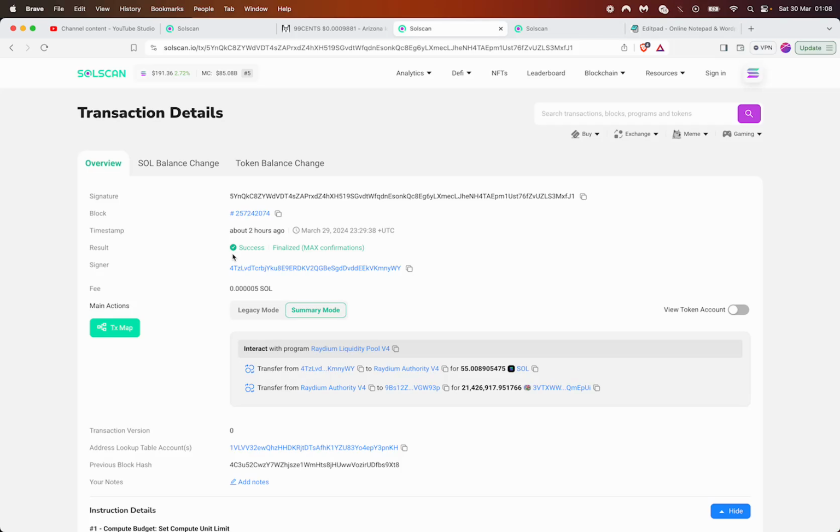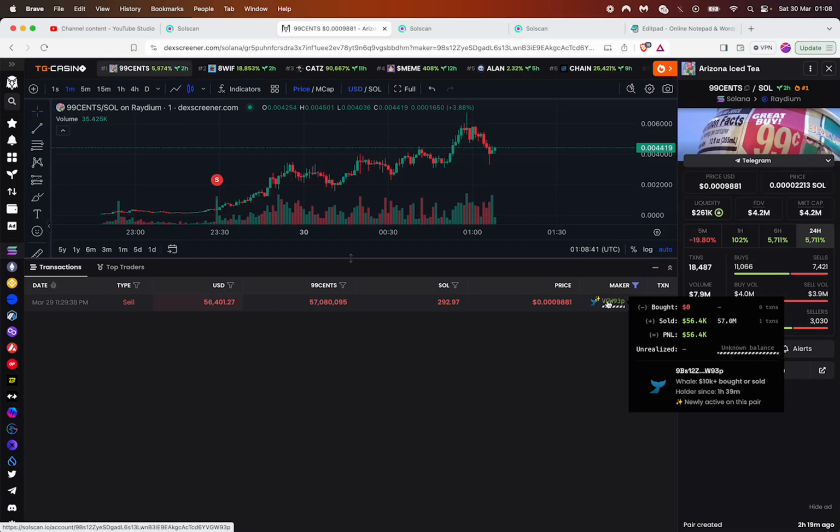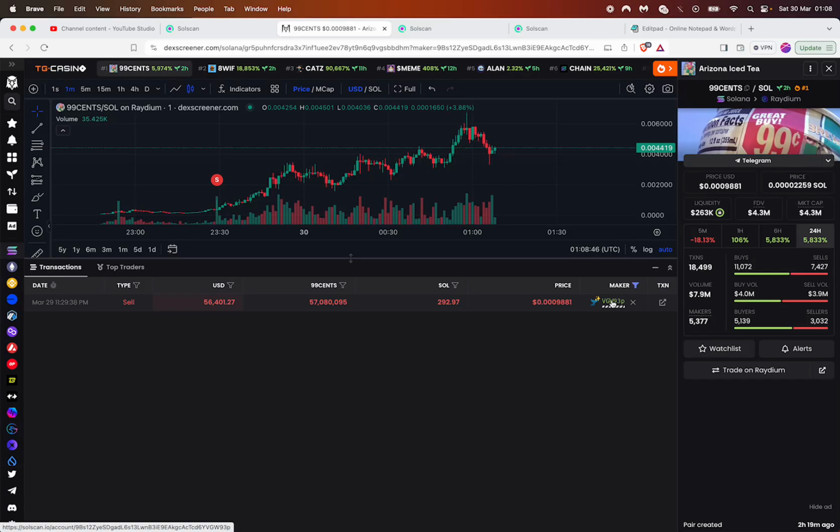What happened in this case is this person signed, he bought 55 SOL of his own token, and then he transferred it to this wallet. He transferred it to this guy, and this guy eventually dumped for $56,000. So this wallet never bought it.